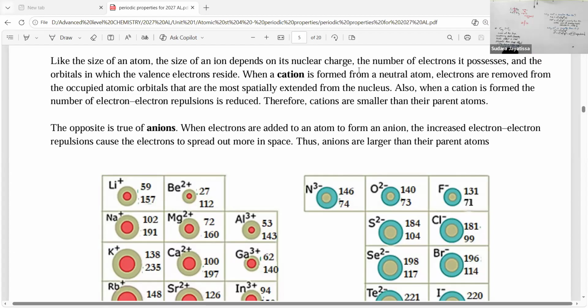Okay, so the summary is this. Yes, we can write electron repulsion for sodium there too. But primarily the size decreases due to the energy level.